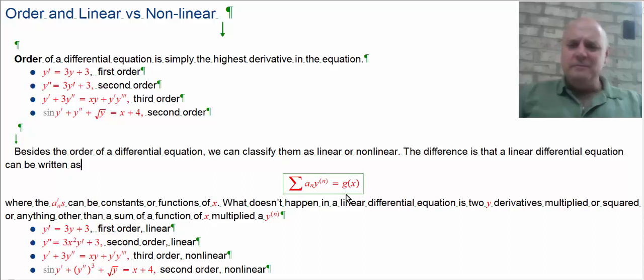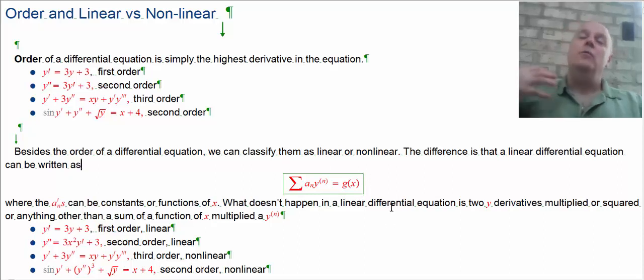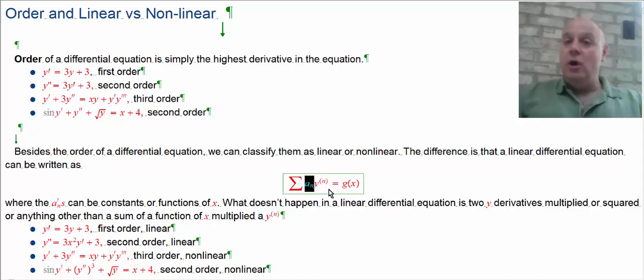This is not that helpful a definition when we first see it, so we want to see some examples first. The a's could be constant coefficients, or functions of x, the independent variable. Remember, linear versus nonlinear means in terms of y.